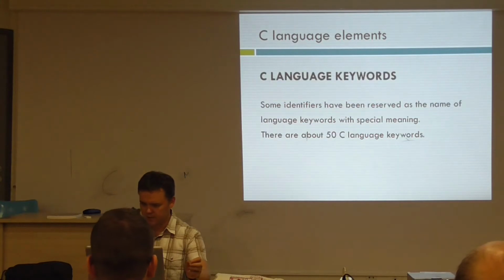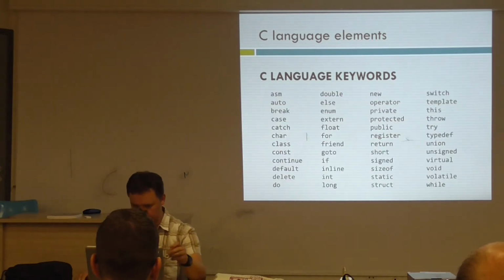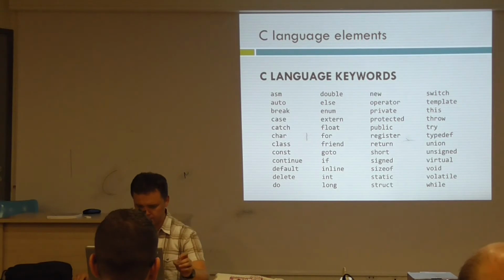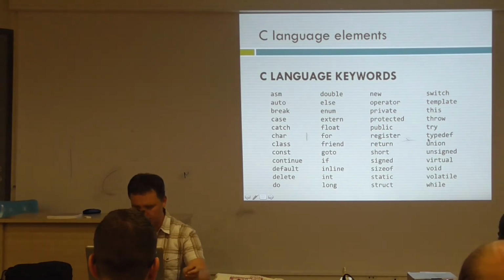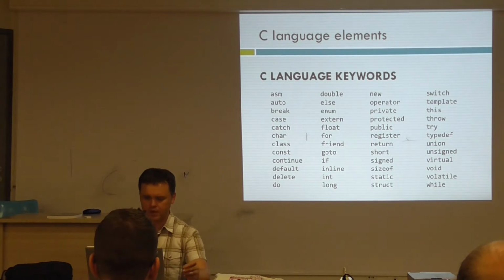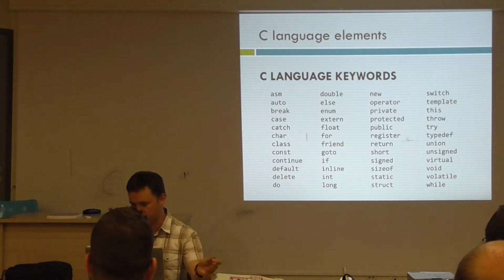What else? Of course, we know that we cannot create identifier that is C language keyword. There are some C language keywords here. So, if you are familiar, you know some of them. If not, you can see. There's some list of some keywords, and you cannot use, of course, this name as an identifier in Objective-C and C, of course.